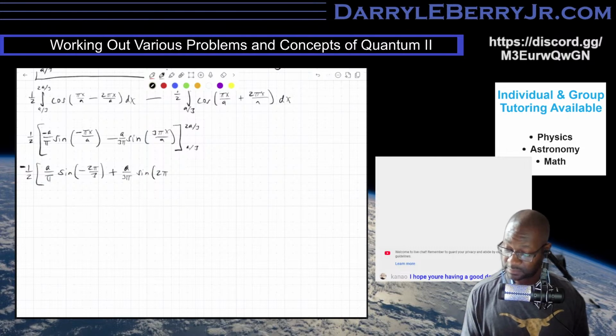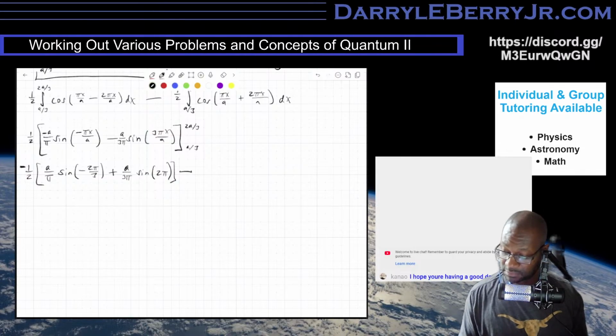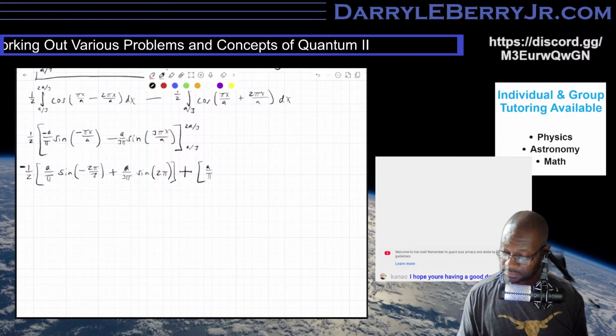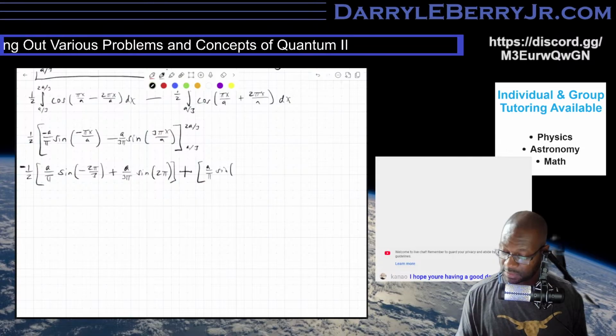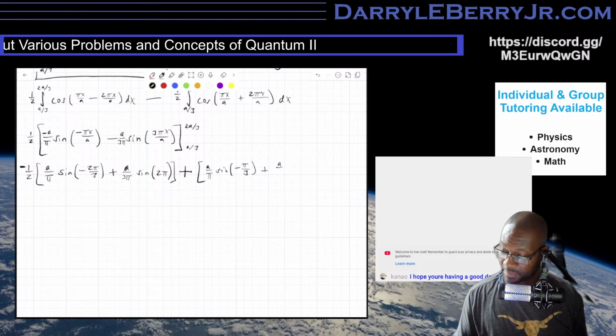2 pi, minus, since I took the negative out, plus the negative of the second half, a over pi sine negative pi over 3 plus a over 3 pi sine, and a will cancel, 3 will cancel.